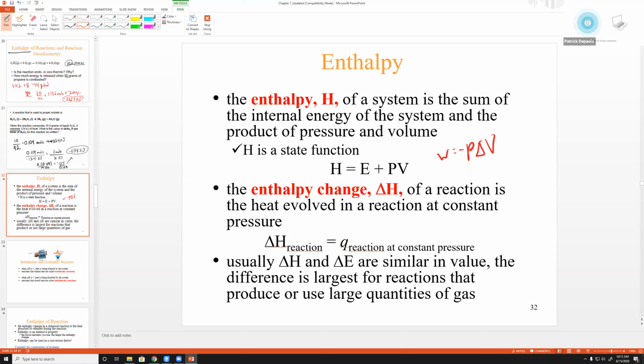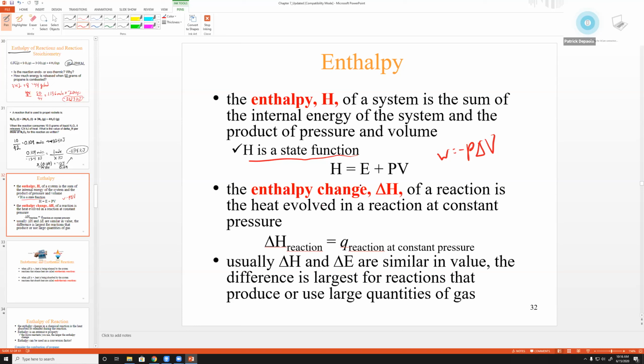And enthalpy is a state function, so it doesn't matter how you get there. It just matters the final state and the initial state. So enthalpy and energy are both state functions. Something that's important is that the enthalpy of the reaction at a constant pressure is the same as the heat of the reaction.